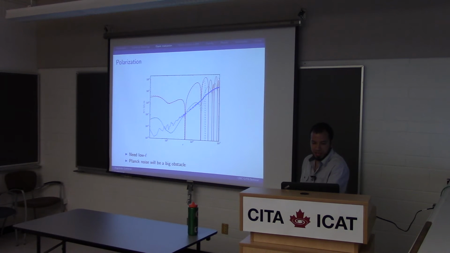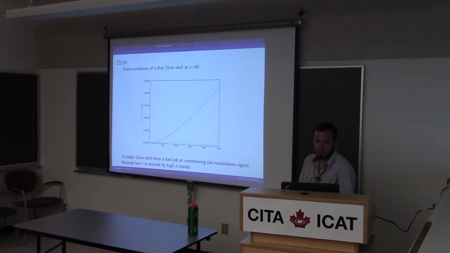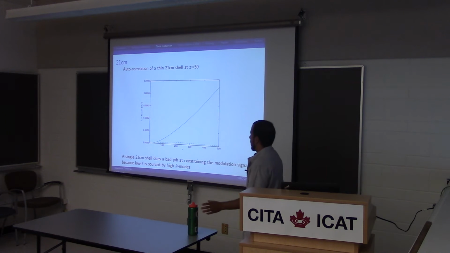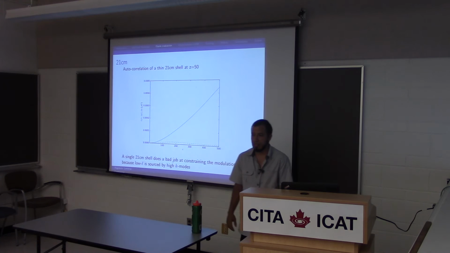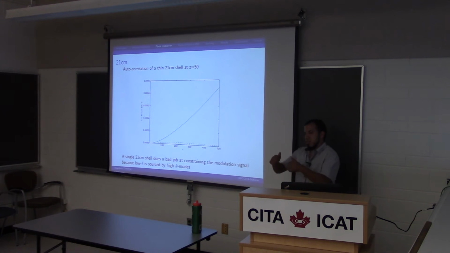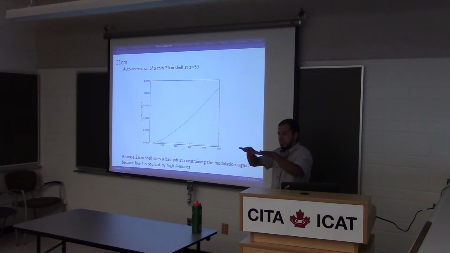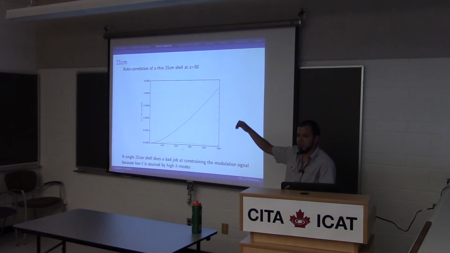Okay, but let's say you're super ambitious and you look at the 21 centimeter power spectrum. After recombination, there's neutral hydrogen in the universe, and there's a spin flip transition that hydrogen can undergo, and it emits a 21 centimeter photon.